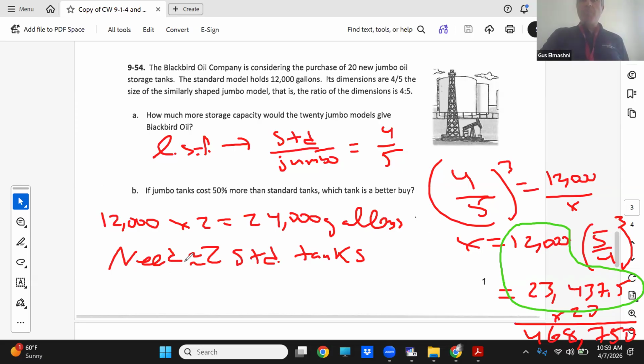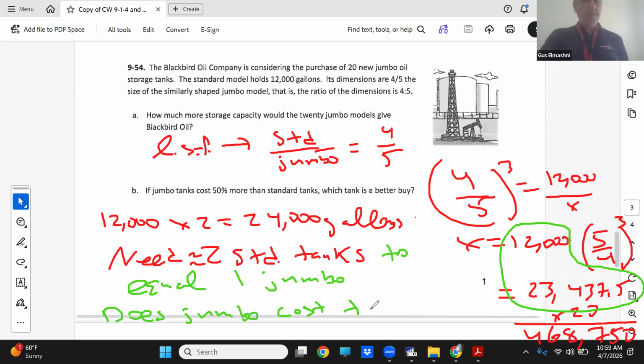Two standard tanks equal one. Correct. Right. So you need roughly 2 standard tanks to equal 1 jumbo. But does the jumbo cost twice as much?